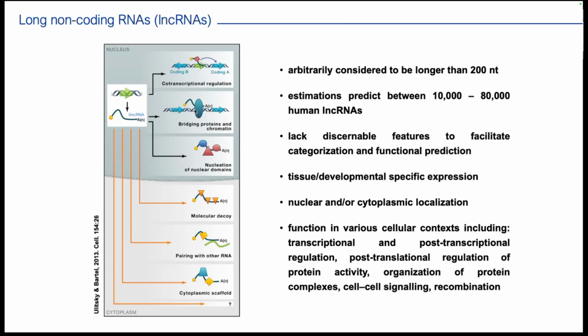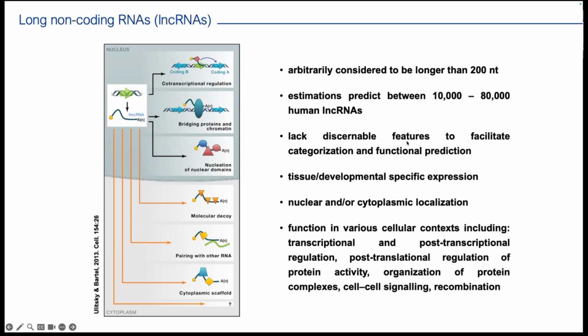They are called long just to distinguish them from the short RNAs, arbitrarily considered as above 200 nucleotides. We don't know how many long non-coding RNAs we have in our genome. There are estimates from 20,000 to 150,000, so this means that we have no idea. There's a lot of long non-coding RNAs.